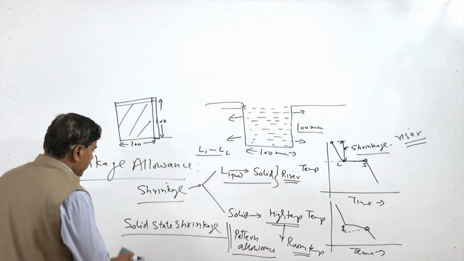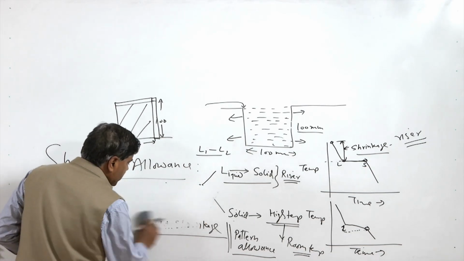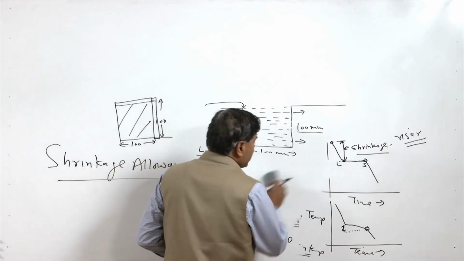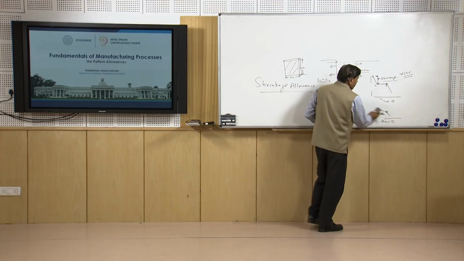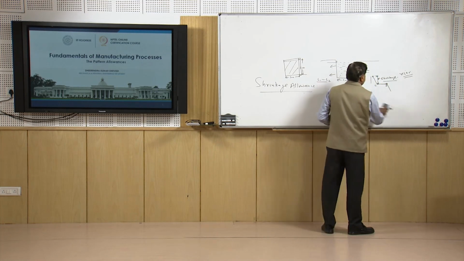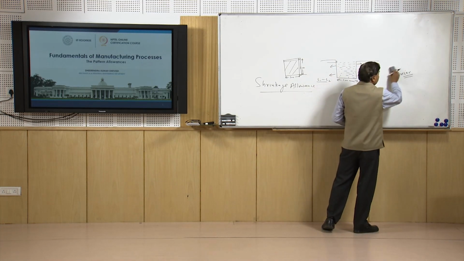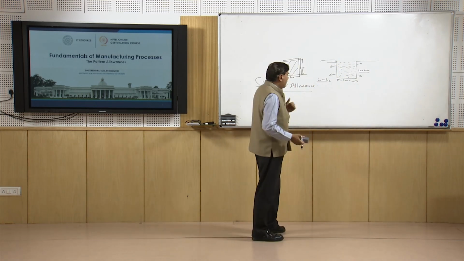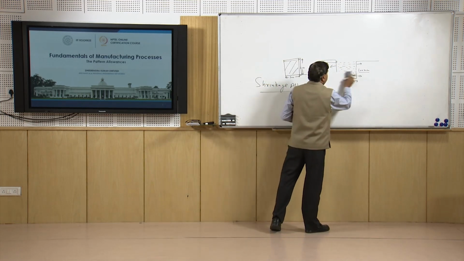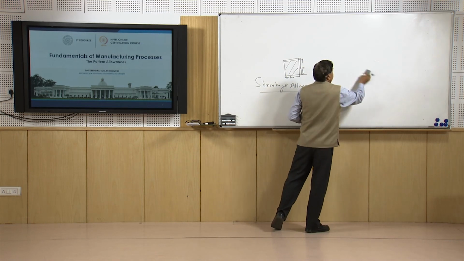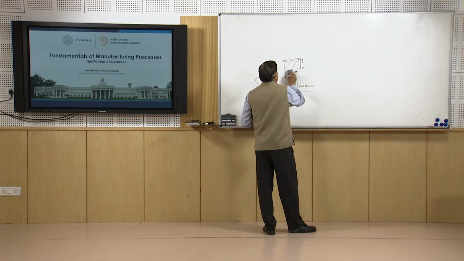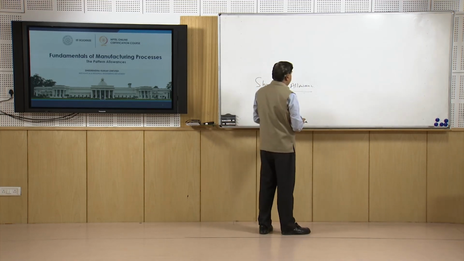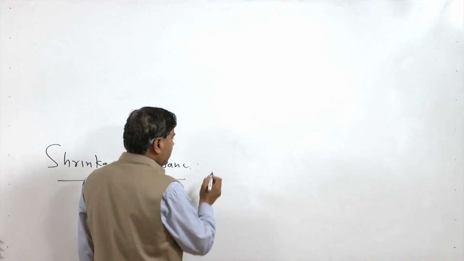Depending upon the dimensions and the type of metal, the extent of the shrinkage will be determined. The final amount of shrinkage occurring after the reduction in temperature from solidification to room temperature will depend upon certain factors.